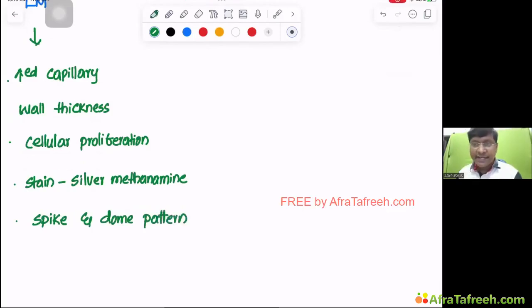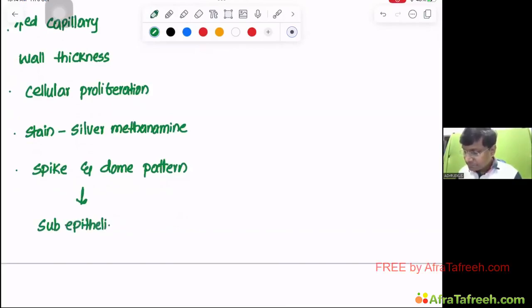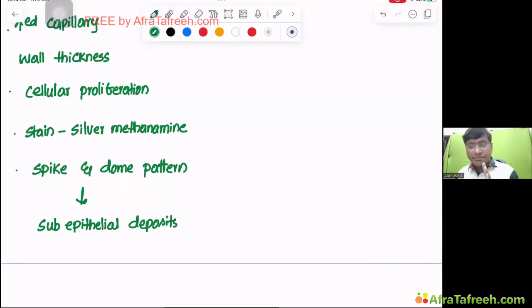Why are you getting this spike and dome pattern? It results from the subepithelial deposits, as well as projections of the excess glomerular basement membrane.